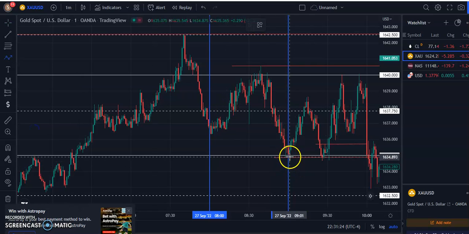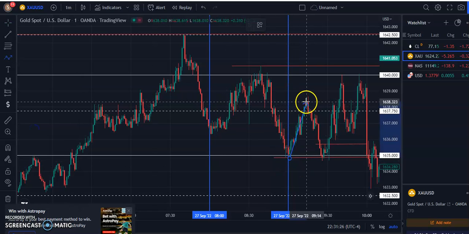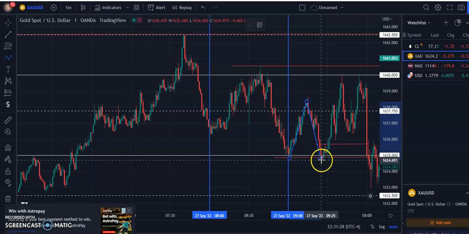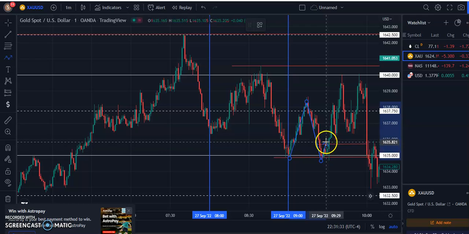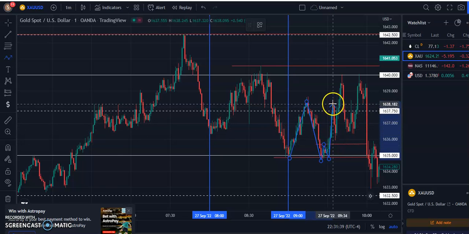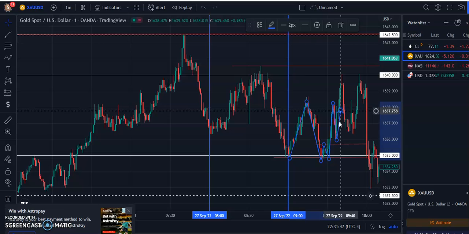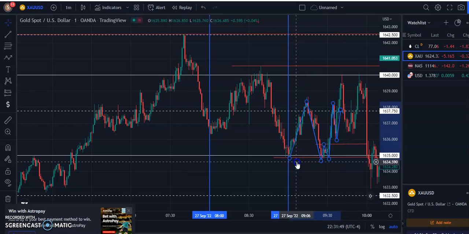So this is the low of the session. The market came down, pinned the low of the session, then gave us that W pattern, and then the market broke structure. Then retested for a move up to give us that engulfment.